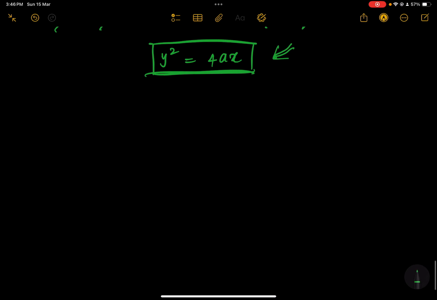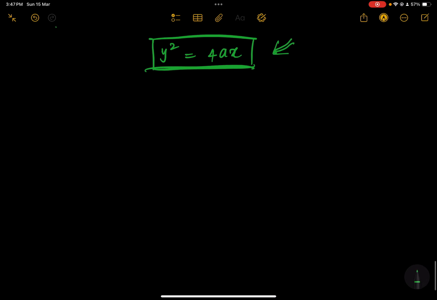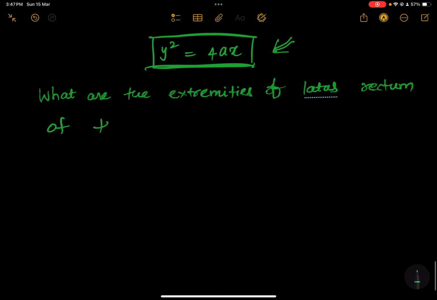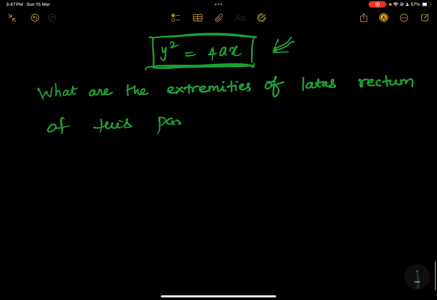So now the next question is: what are the extremities of latus rectum of this parabola? So this is our next question.